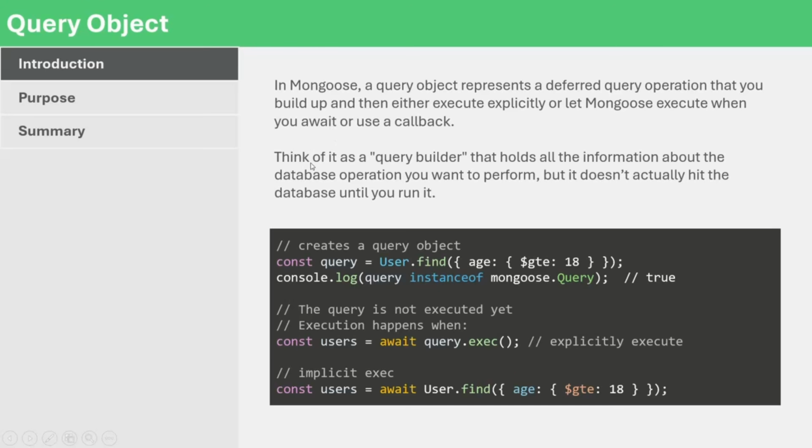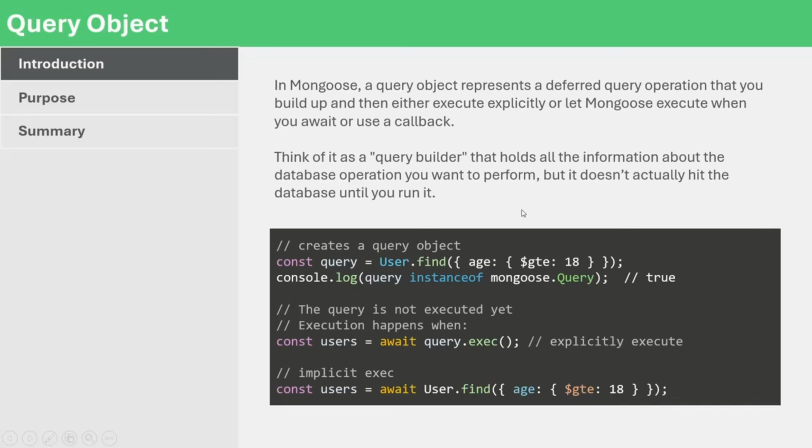You can think of a query object as a query builder that holds all the information about the database operation you want to perform, but it doesn't actually hit the database until you run it. When we do not use the await keyword in front of the find method, it returns us a query object. To execute that query object, either we can call the exec method on it, or we can simply use the await keyword in front of it.